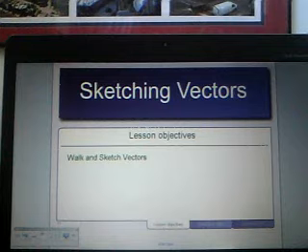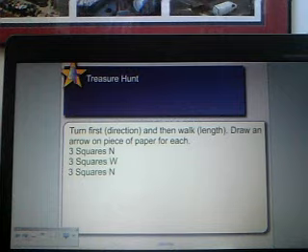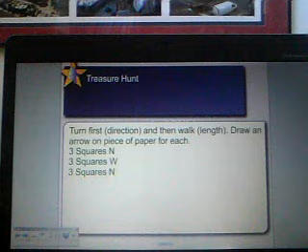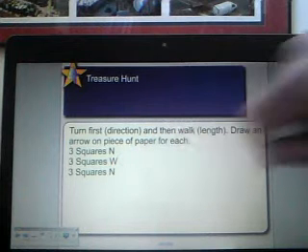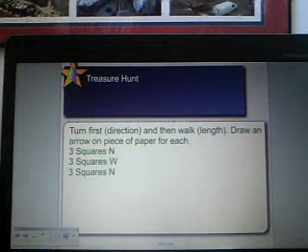So I'm going to put the directions up here for the first one, and we're going to walk you through the first one together. Then I'm going to let you do the other two and we'll compare answers after we're done. So here's the first one that I want you to do. From your starting point, one person is going to walk 3 squares north. Once they've walked 3 squares north, they're going to do the next vector, which is to head 3 squares to the west.